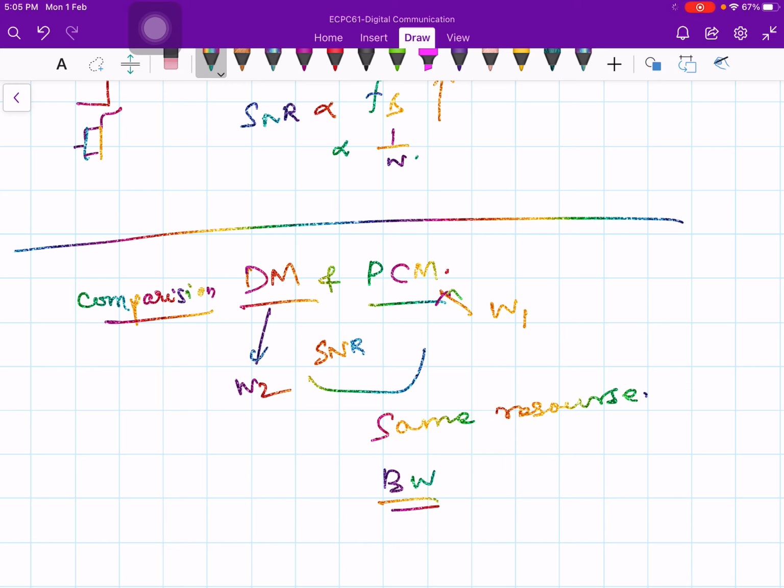If one is using much higher bandwidth than the other, then you cannot compare these two systems. So we should do the performance comparison by first ensuring that we are doing it under similar bandwidth conditions.